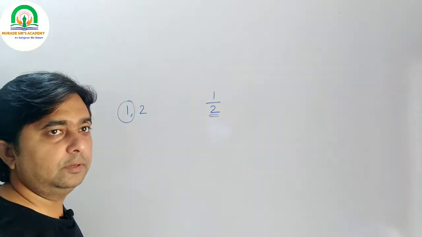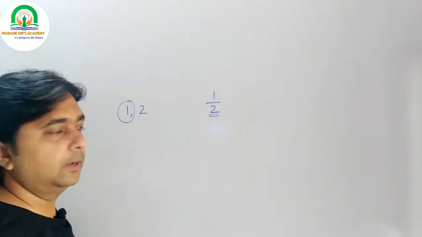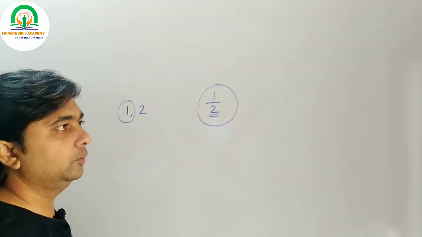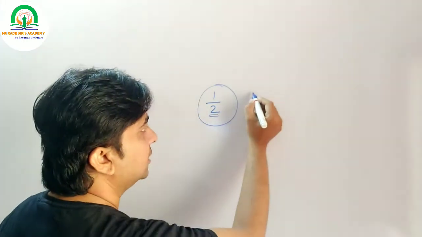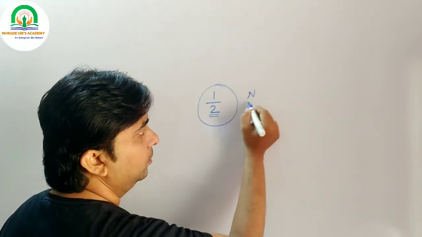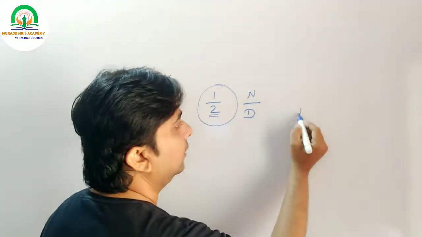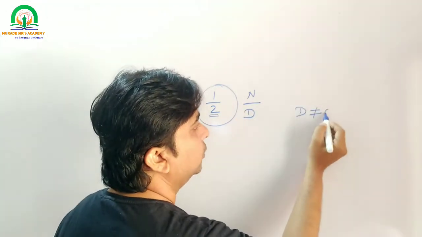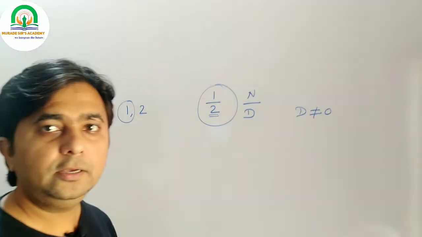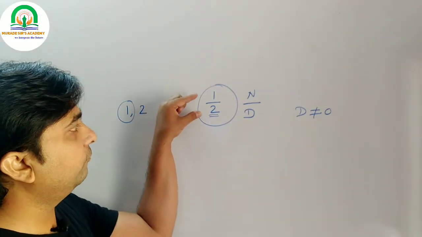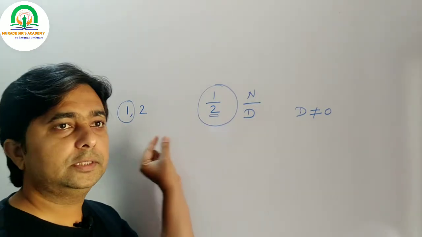I represent it by 1 by 2, so all fractions have a numerator upon a denominator, and the denominator is not equal to 0. Fractions mean we take some part from the whole thing.